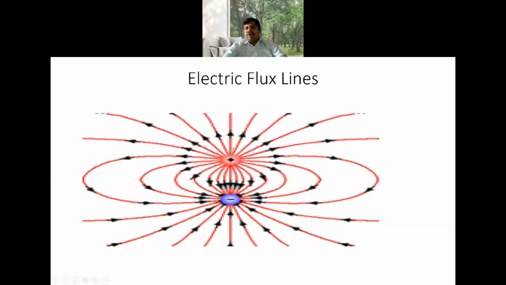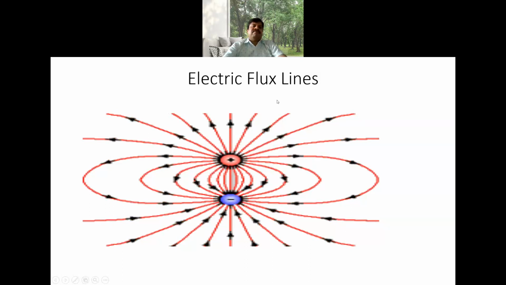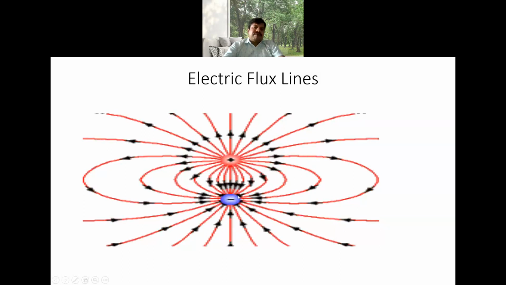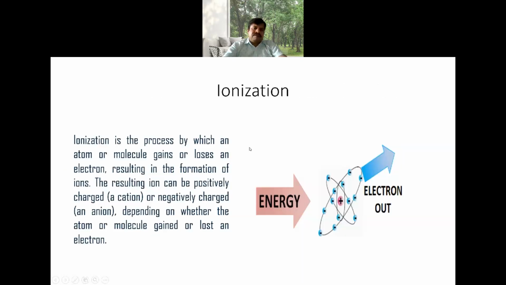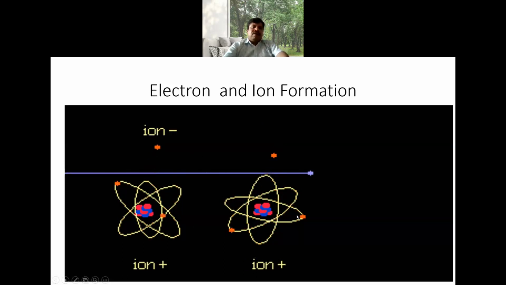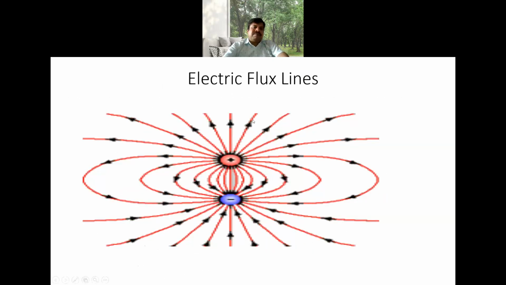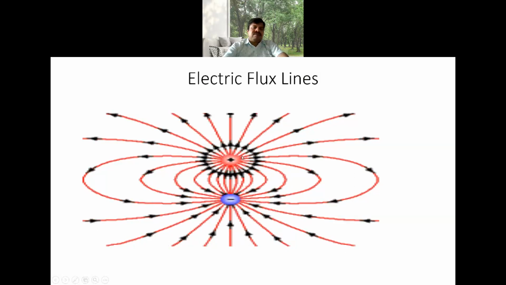Okay. So once we have seen the current, next we need to consider the electric flux lines. From the previous slides, whenever ionization is there, we can have two types of particles: a negative particle, the electron, and the positive ions. These two exhibit the charge property, positive charge and negative charge.